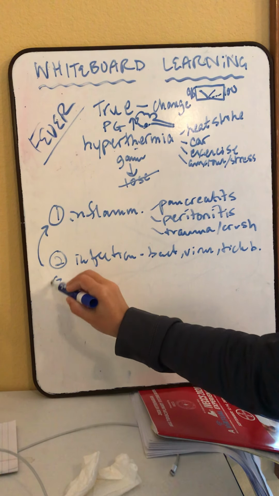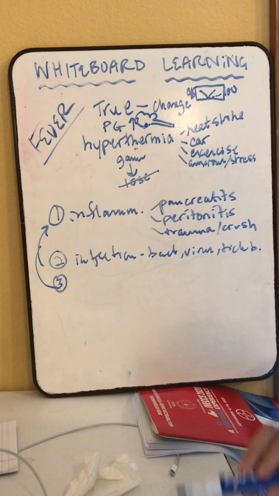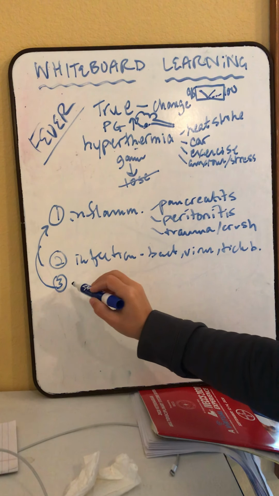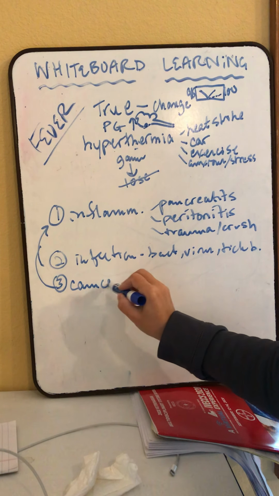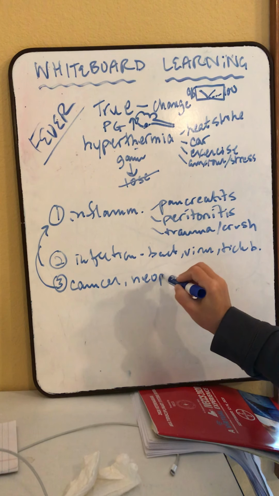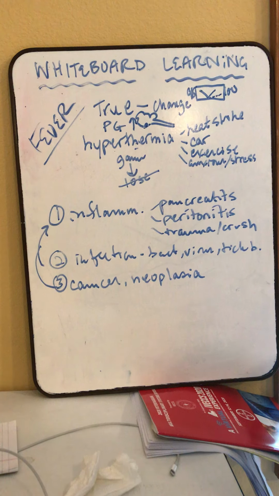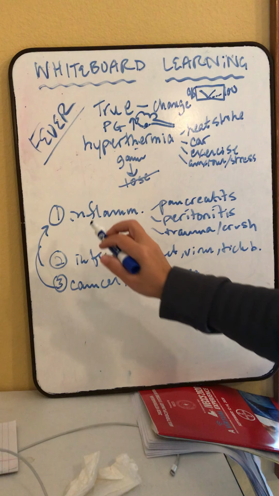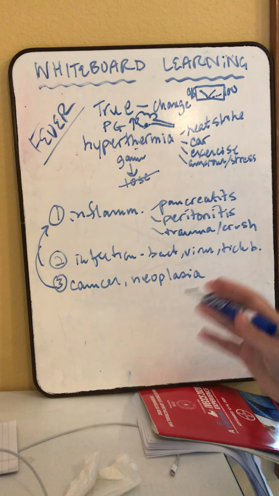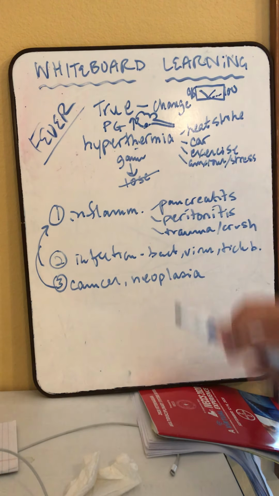The third one that works by the same mediators of inflammatory diseases is cancer. And that's also called neoplasia, the fancy word for that. Cancer cells will just release all the same bad inflammatory mediators that an infection will, and fool the body into this inflammatory problem and up the temperature.